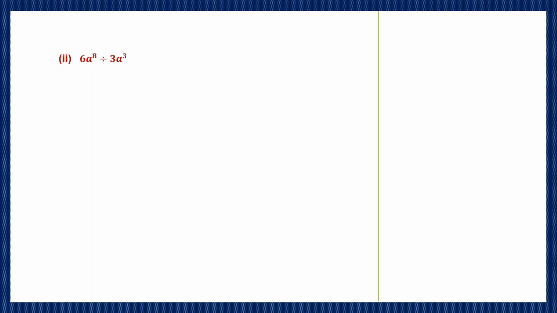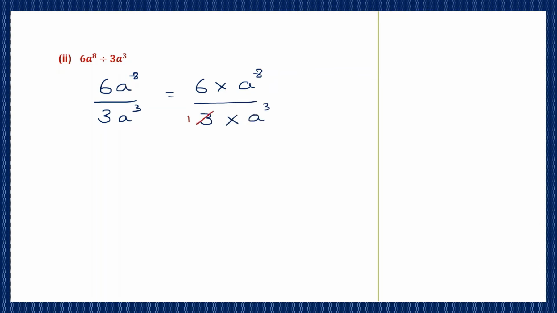Question 2. 6a to the power of 8 by 3a to the power of 3. So this will be 6 into a to the power of 8 by 3 into a to the power of 3. So first let's cancel the numbers. 3 ones are 3, 3 twos are 6. Okay, so now let's continue. So now in the numerator we have 2 into a to the power of 8.